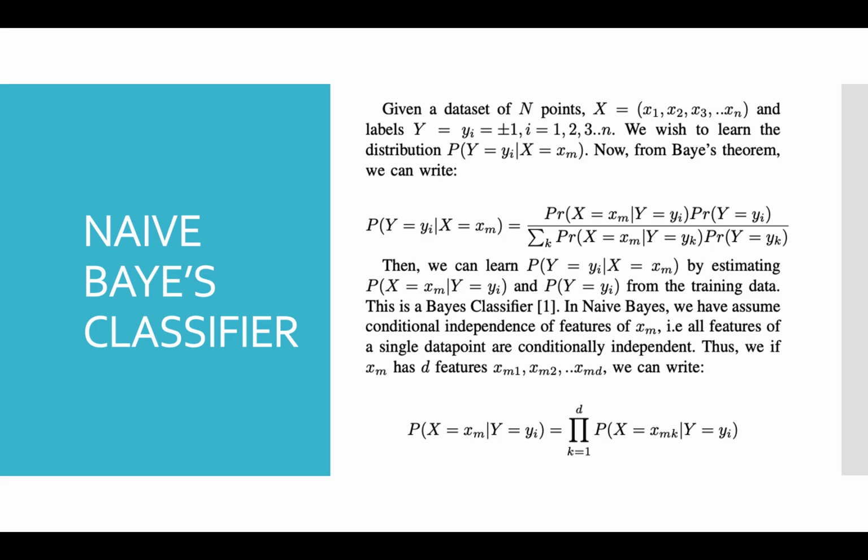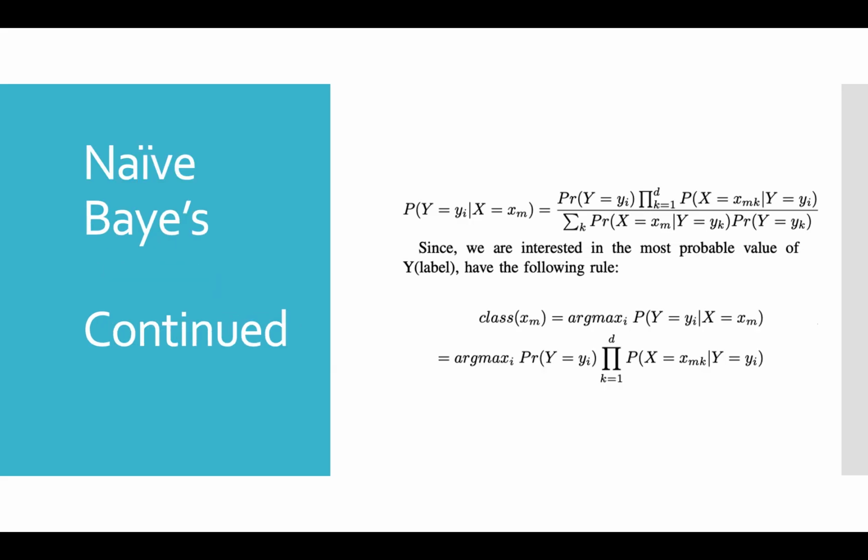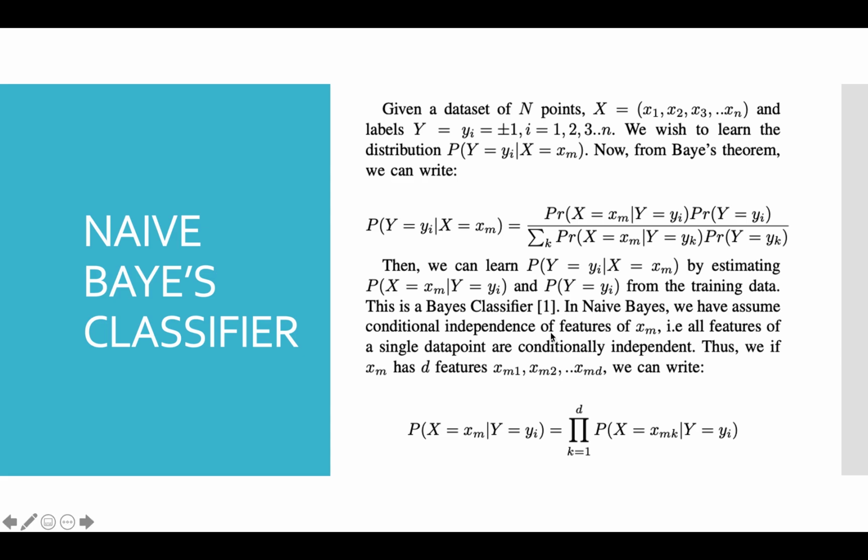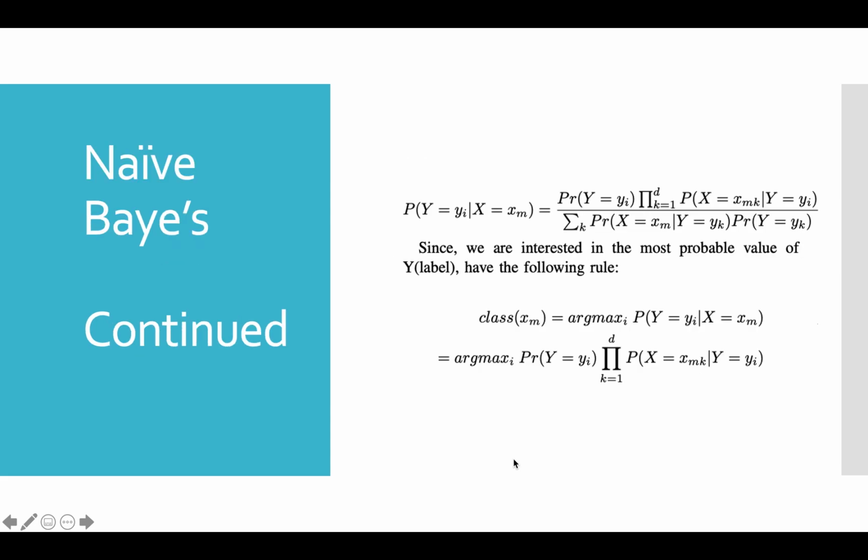Using this assumption, we can write the probability of x equals xm given y equals yi as the product of the probability of x equals xmk given y equals yi, where k ranges from 1 to d. Now we can substitute this probability into the previous Bayes relation and obtain this relation.